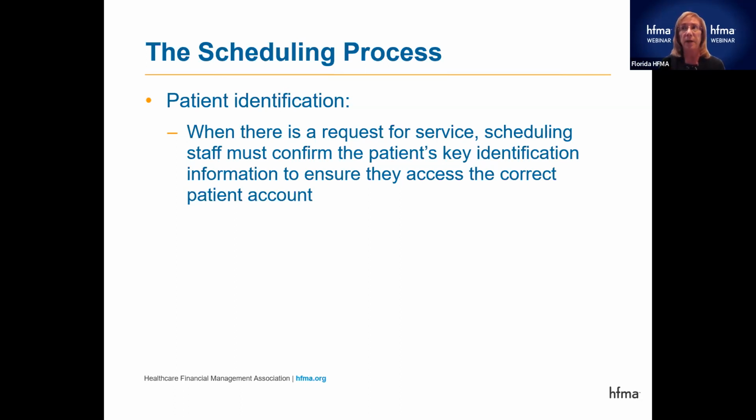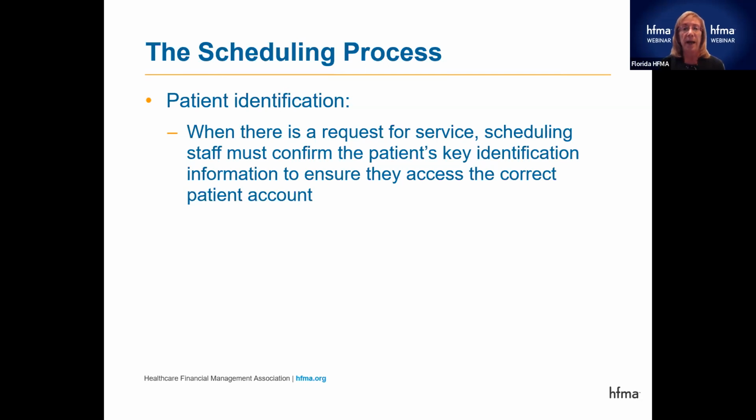Individual episodes of care are linked to the MPI or the CPI number to enable the provider to identify all services provided to an individual patient within the healthcare system. When there is a request for service, the scheduling staff member must confirm the patient's unique identification record to ensure that he or she accesses the correct information in the historical database.